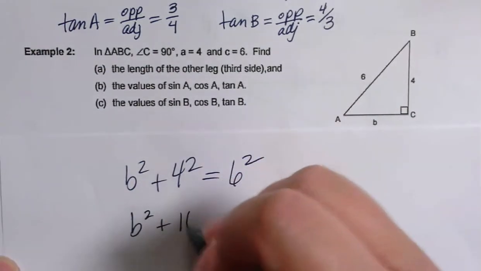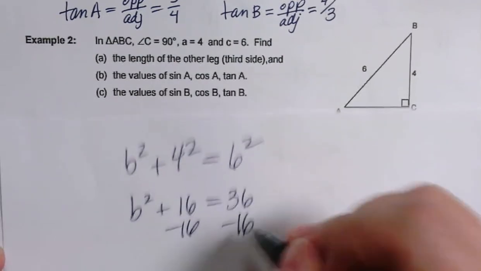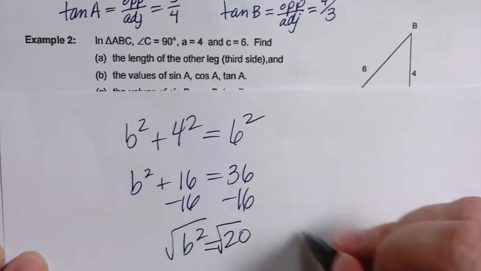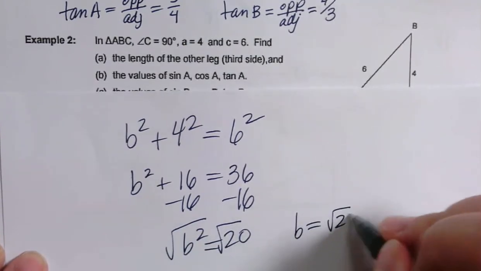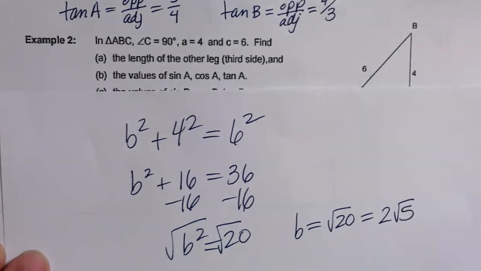B squared plus 16 equals 36. Oh, it's going to be a good radical. I should have thought ahead. When I take the square root of both sides, I get square root of 20, which reduces to 2 root 5. So I'm going to leave it as the simplified radical form, which is 2 root 5.